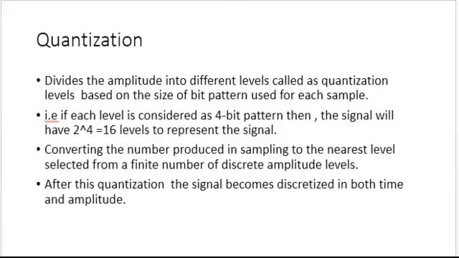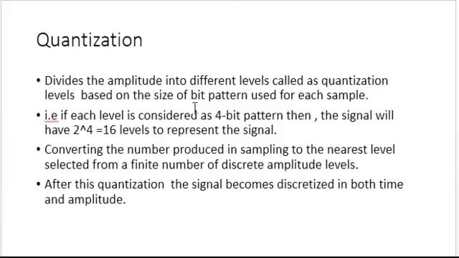Next, the sampling process is over. The next one is quantization. Basically, here we sampled the signal with respect to time. Similarly, you have to do the sampling with respect to amplitude. That means you are dividing the amplitude into different levels, and this process is nothing but quantization.